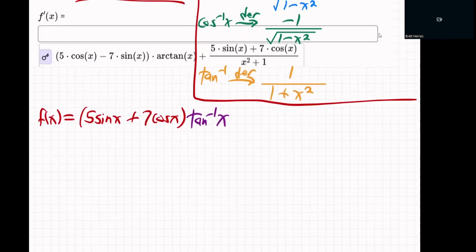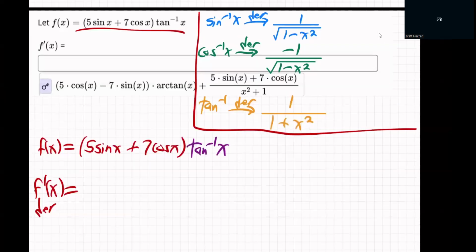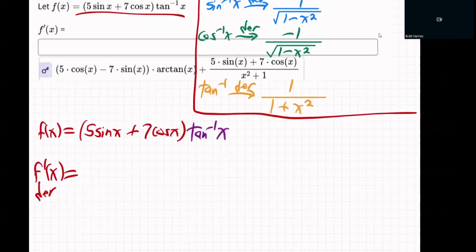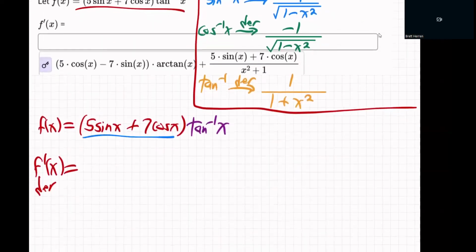Well, the derivative f prime: you have to realize first off, this is two functions of x multiplied. So we're going to have to use the product rule on this one, because this is being multiplied by that.